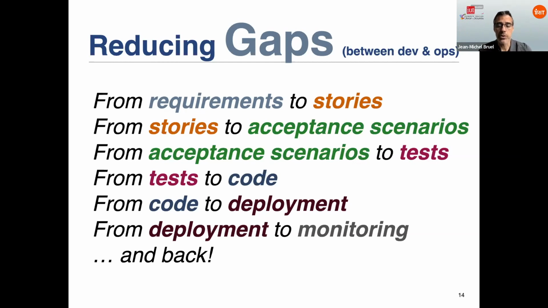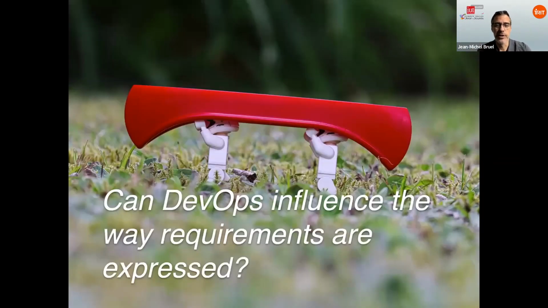But today we are going to focus on software because it's a software engineering winter school. So the question we are addressing in this lecture is: can DevOps, which is mostly dedicated to coding and development, influence the way requirements are expressed?